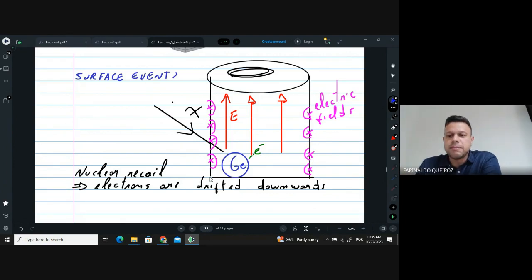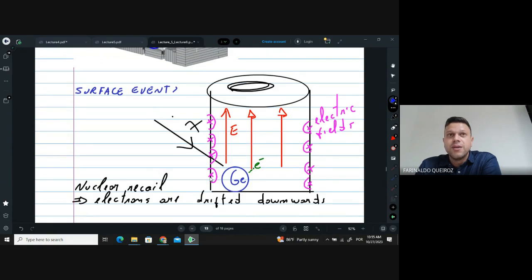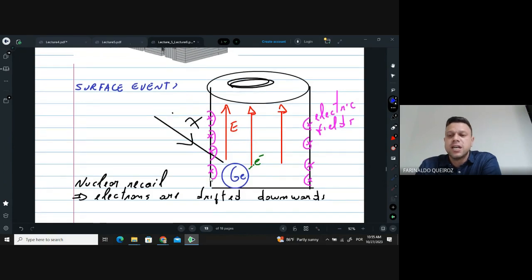And then something comes to mind, and you're going to learn right now why dark matter direct detection experiments discuss something called fiducial volume. So people started to realize that if you have a detector, let's say a cylinder like this one, I know the electric field should drift upwards.